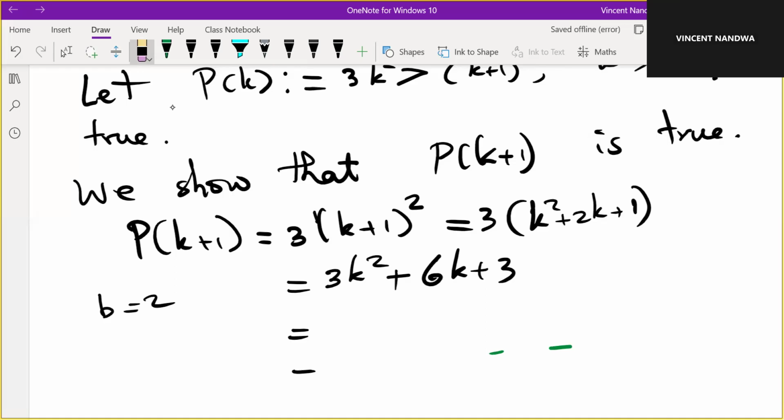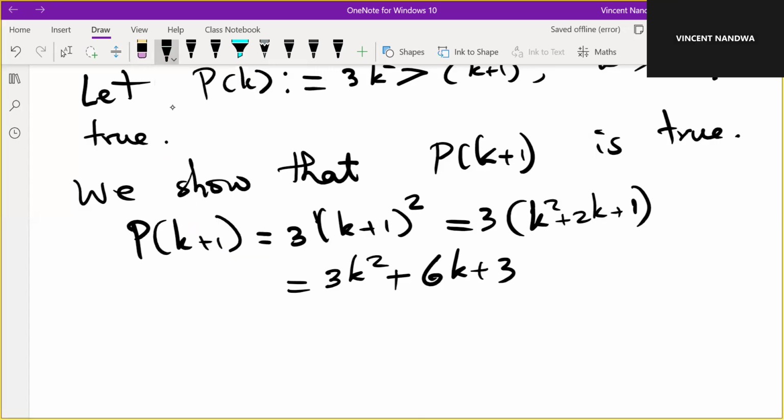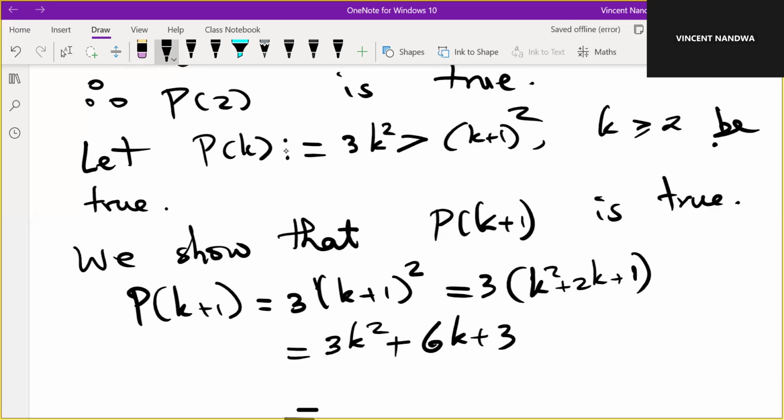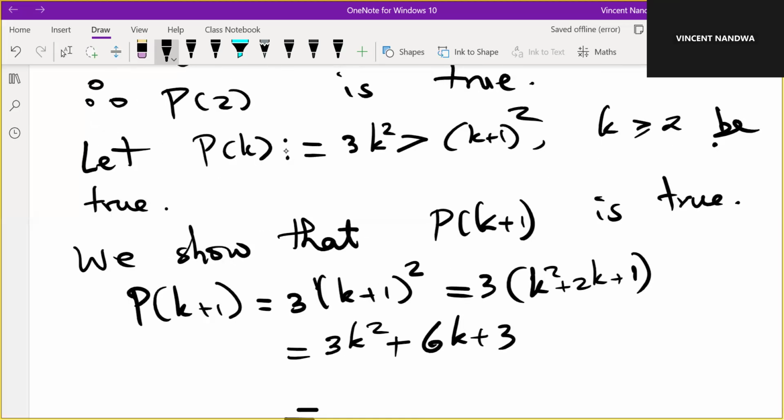And then remember, after opening the expression for 3 into k plus 1 squared, this is the same thing as saying, so remember this is the left-hand side of the P of k, 3k squared itself.